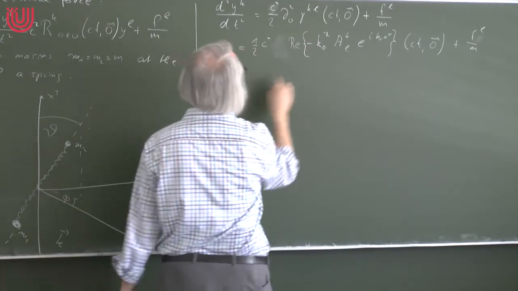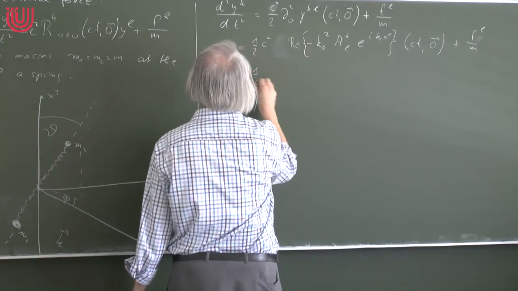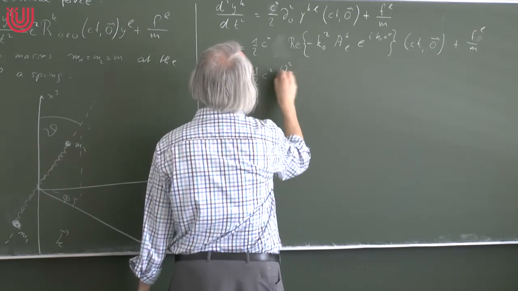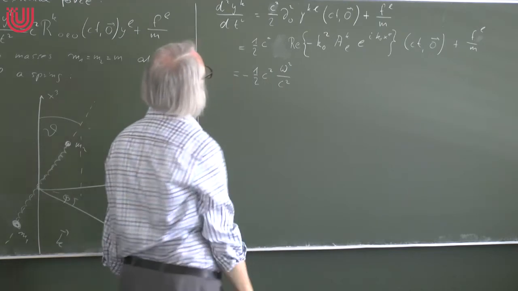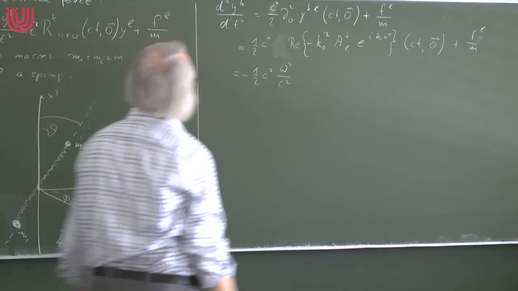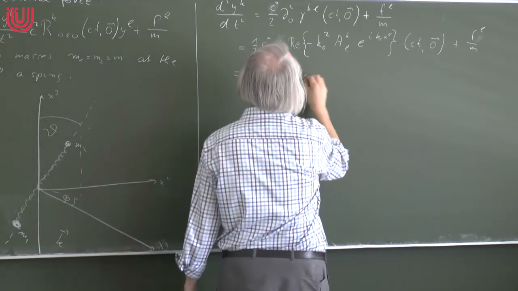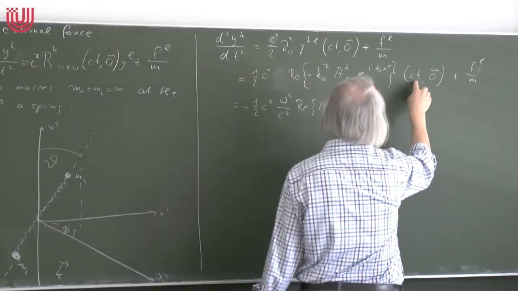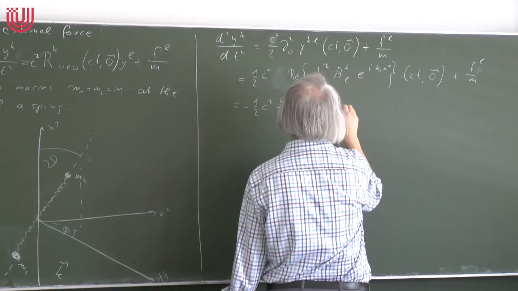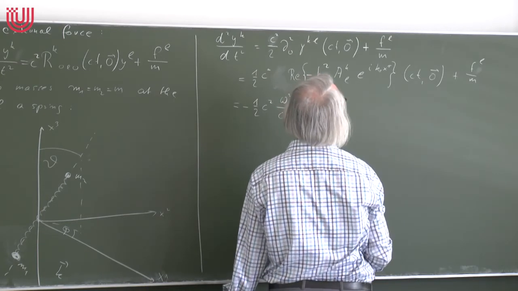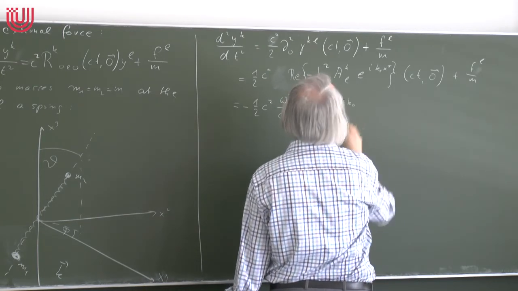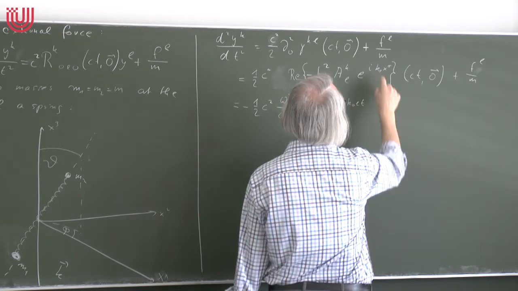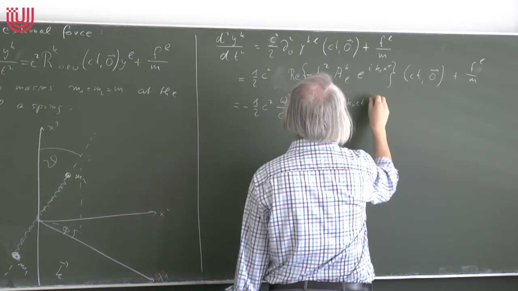Now it becomes nice. The minus sign can be written in front of everything, c squared, and k naught squared is omega squared over c squared. Then I have the real part, akl, and here I have to insert ct. So I get e to the i k0 ct plus 0 plus 0 plus 0, and that's it.